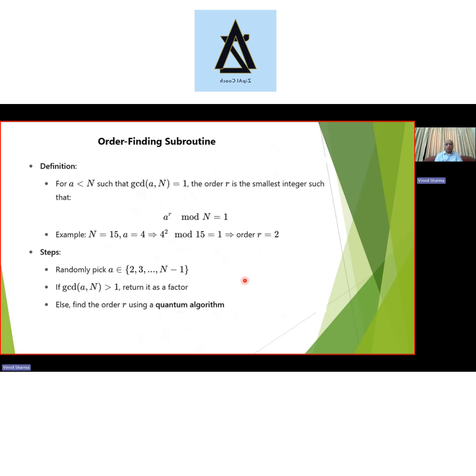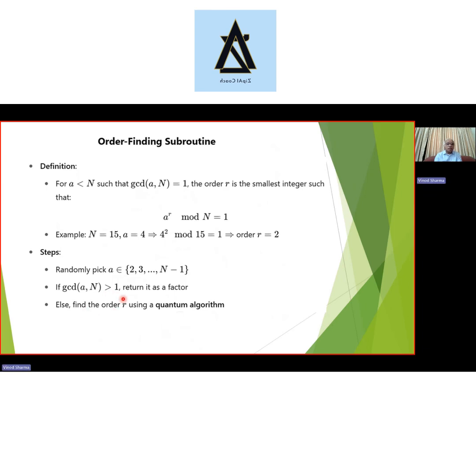It could be prime, it may not be prime. So if GCD of a and n is greater than 1, it gives a factor of n. We take that and divide by this, and you get the other factors. So you are finding two non-trivial factors. If GCD of a and n is equal to 1, we move further.